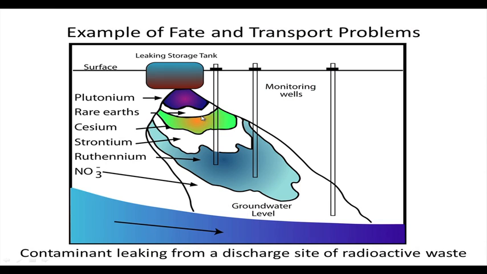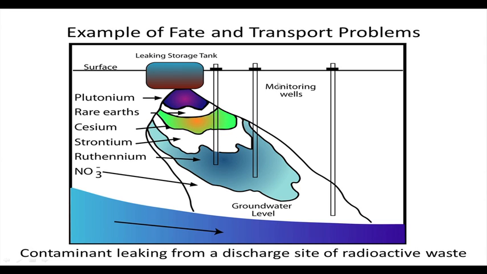And as you can see in the figure, we had the monitoring wells. This is how we decide how to draw these plumes. As you can see, we have different plumes, and the boundaries have been defined based on these monitoring wells.